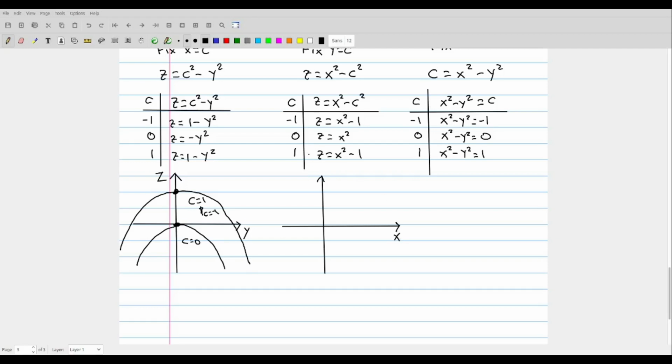Similarly, the y traces are going to be in the zx plane. When c equals 0, the trace is the expression z equals x squared.